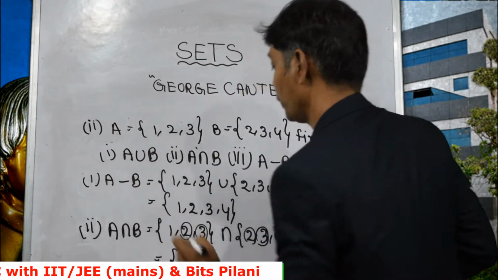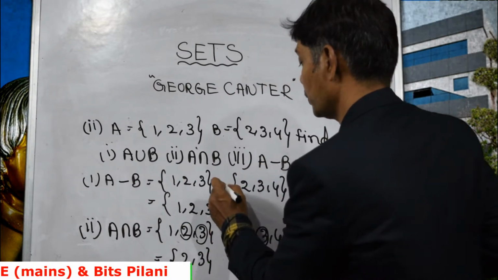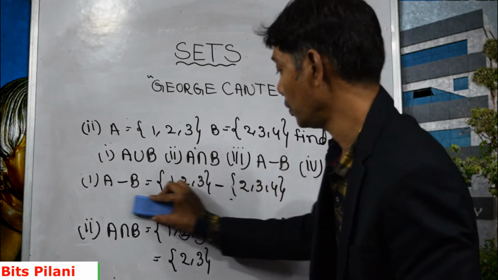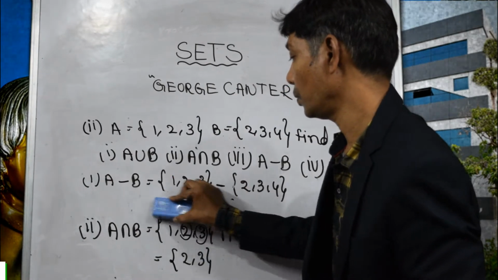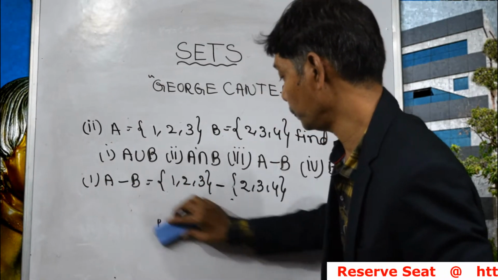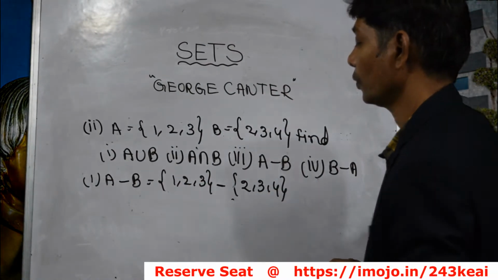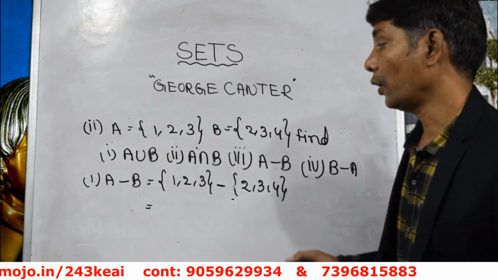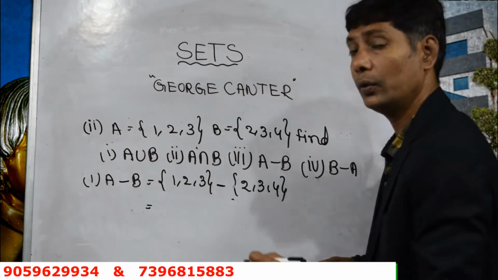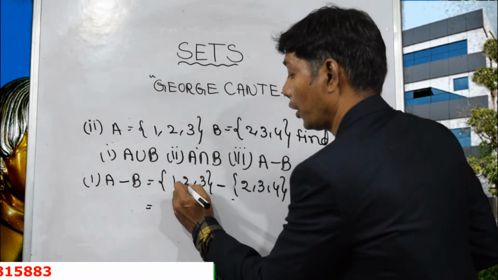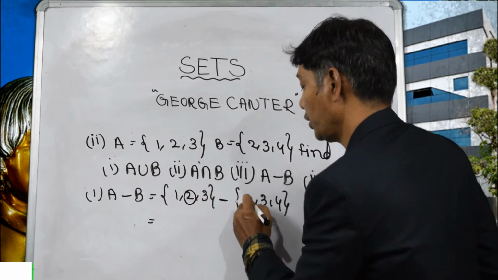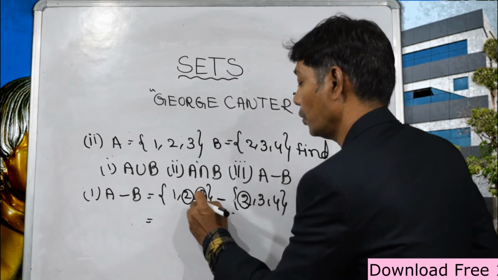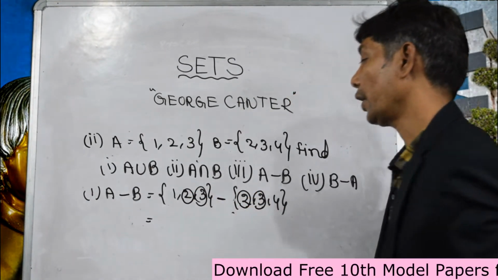A minus B. See, if you find out A minus B, first of all you have to round up the common elements. 2 is common here, 3 is common here, right?